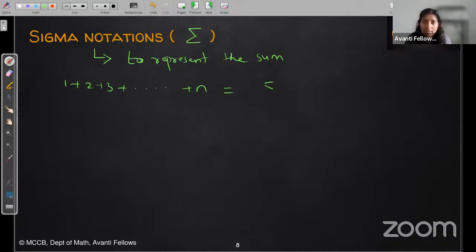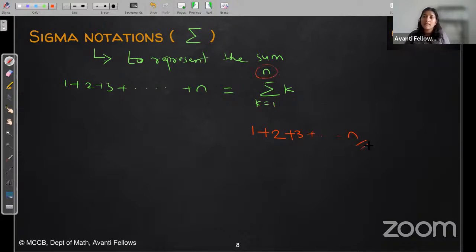So how do we write it? We write it as summation k varying from 1 to n. Observe here. When you substitute k equal to 1, you will get 1 plus. It's varying from 1 to n, right? After 1, which term do we get? 2. So it will be plus 2, plus 3, and so on up to the last term. The last term is n.